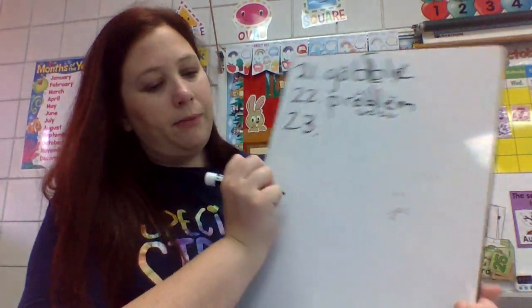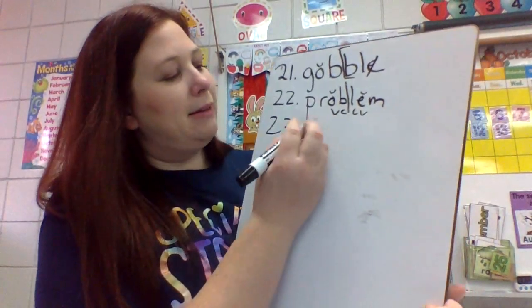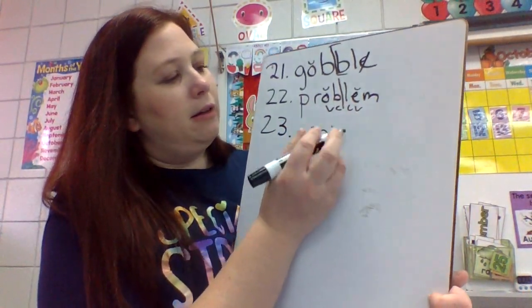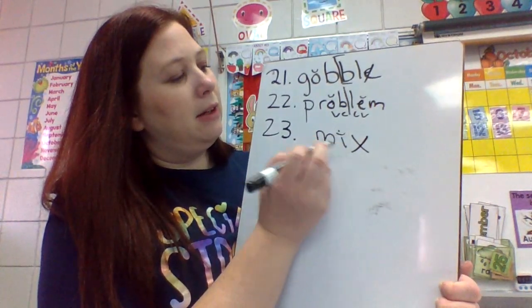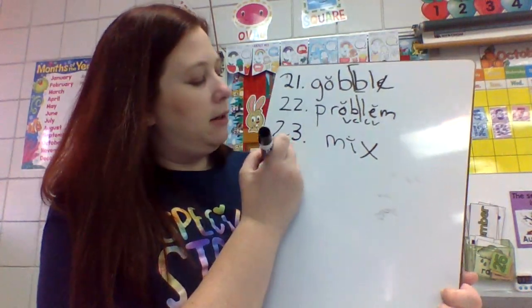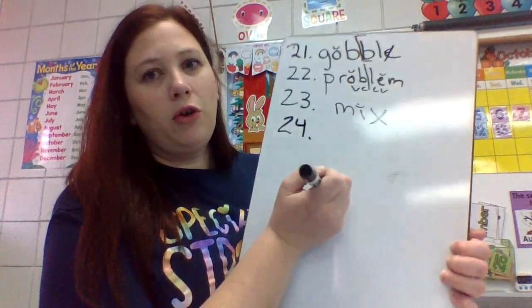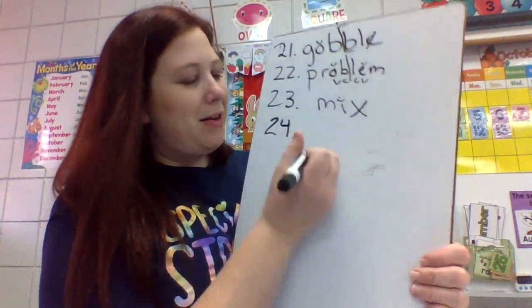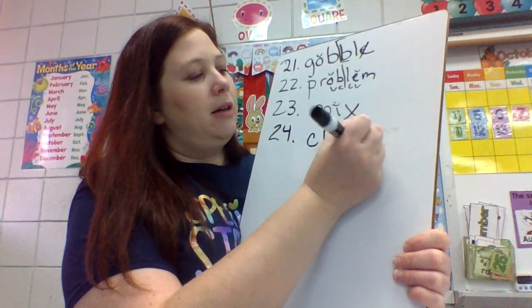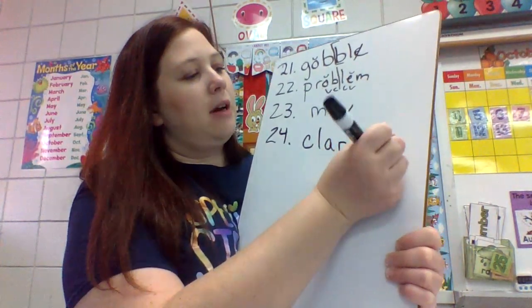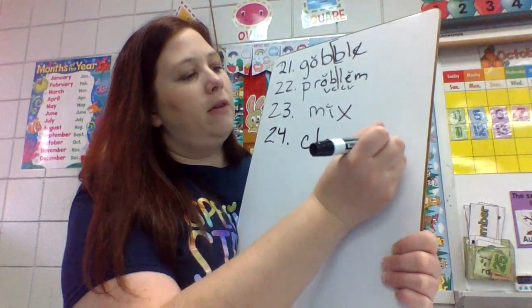Number 23. Mix. They're just throwing in a simple one for you, right? Vowel, consonant, it gets the breve. Nothing else fancy. I just want to make sure you don't forget the easy ones. All right, the next one, clapping. Here we have a suffix, ing. We box that off.